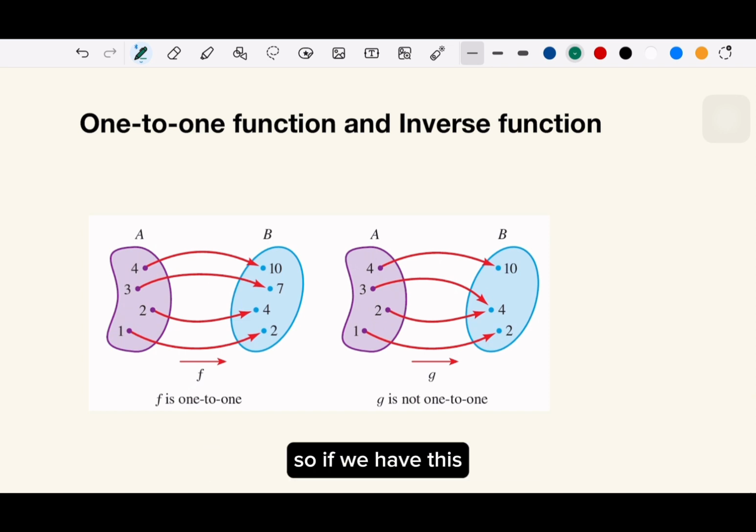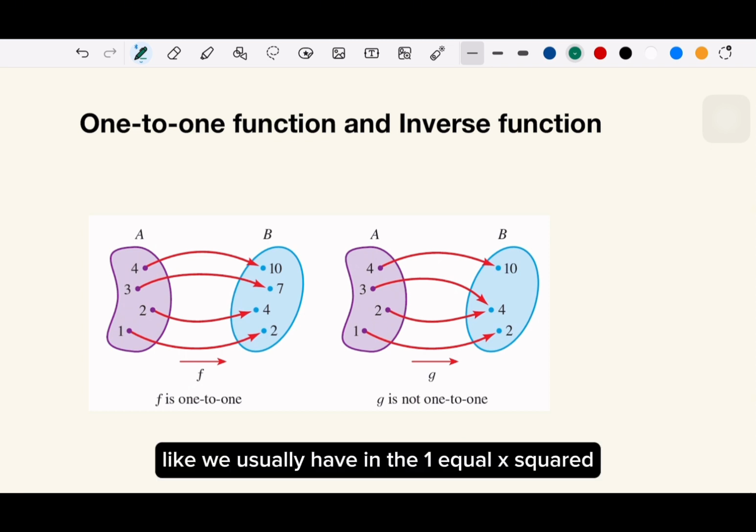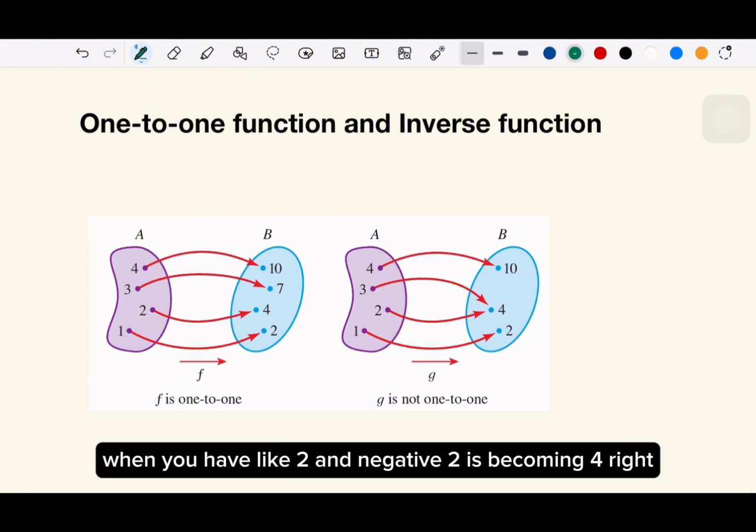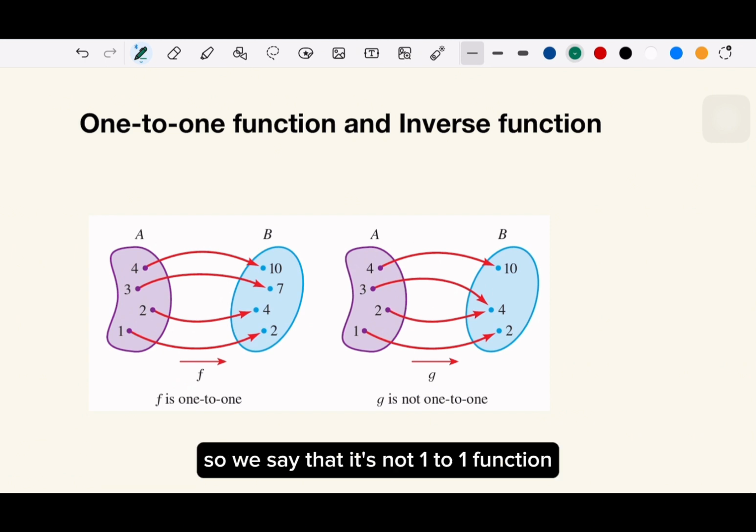For example, with y equals x squared, when you have 2 and negative 2, both become 4, right? So we say that it's not a one-to-one function because 2 values of x become 1 value of y.